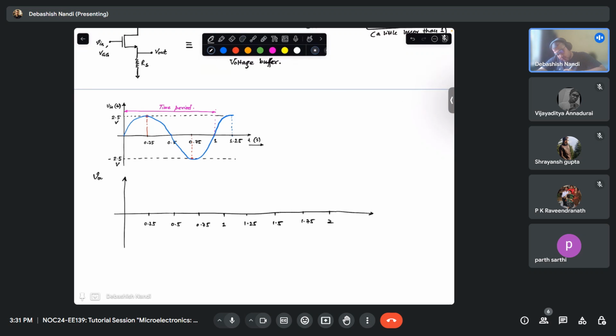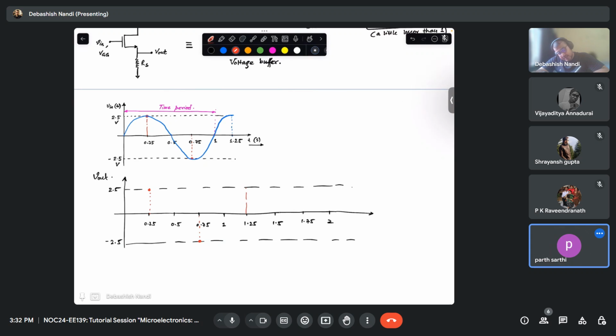So this is your V out. So it will be your 2.5 line and your minus 2.5 line. So your output waveform will start at this point, then at this point it is negative, again at this point it is positive, again at this point it is negative.